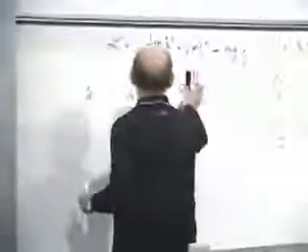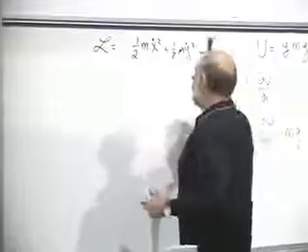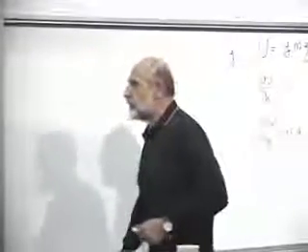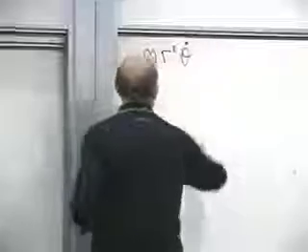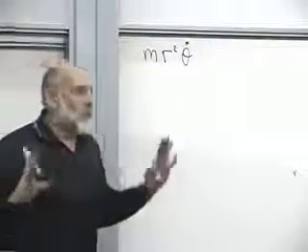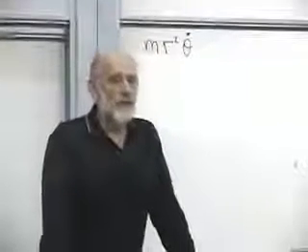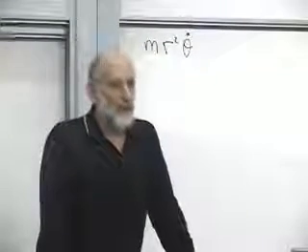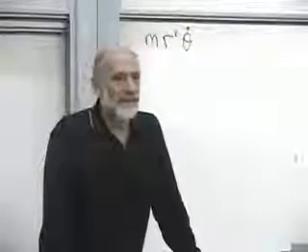Let's look at the angular equation of motion now, the equation of motion for theta. Same deal. Just think of theta as a generalized coordinate. Partial of L with respect to theta dot is m r squared theta dot. What's the name for that object? The canonical momentum conjugate to theta. What's another name for it?